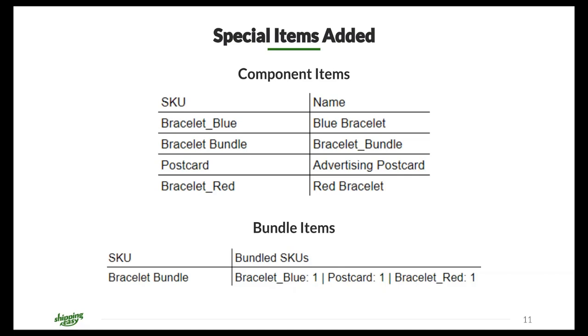So if the customer orders the bracelet bundle, and this can show up as just a blue bracelet on the website, and then we get ready to ship this, our shipping department's going to know that what the customer ordered is actually going to be 3 parts. So we automatically include these in each order.